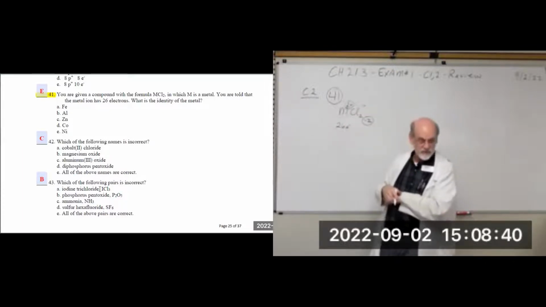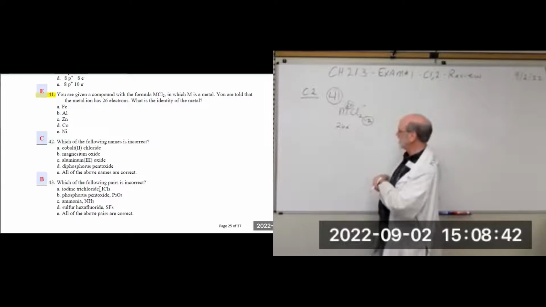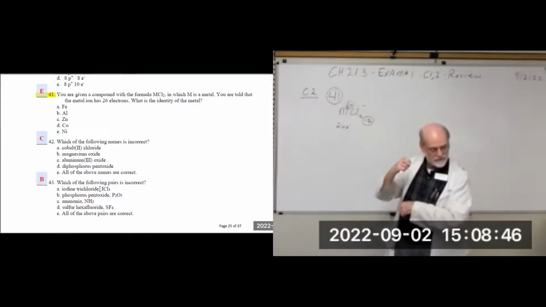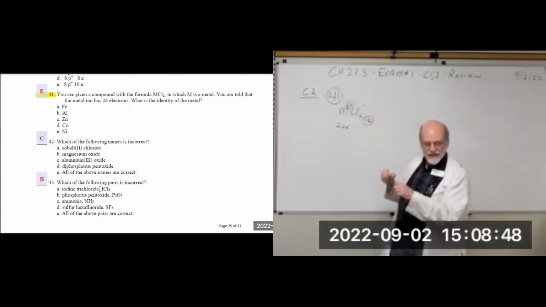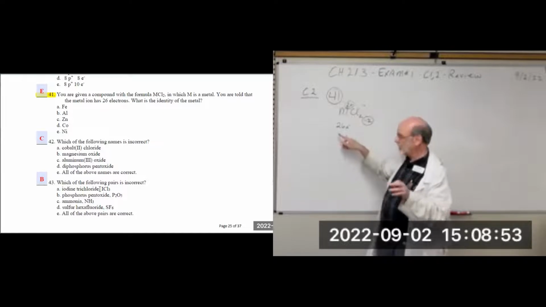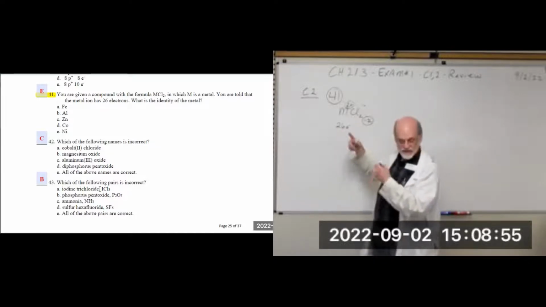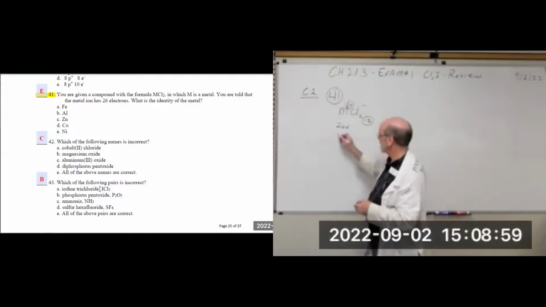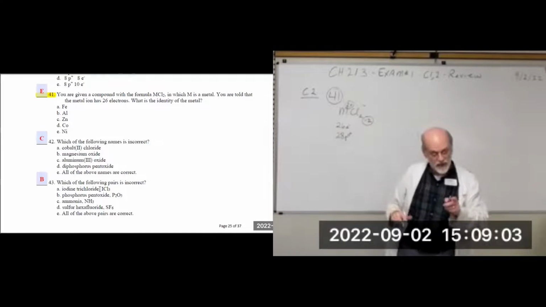Okay? Because it's a neutral compound. Now, how did that metal get a 2+ charge? Electrons. It lost 2 electrons. So now it has 2 more protons than electrons, correct? Yeah, I think that's what you were trying to say. Yeah. 28 protons.